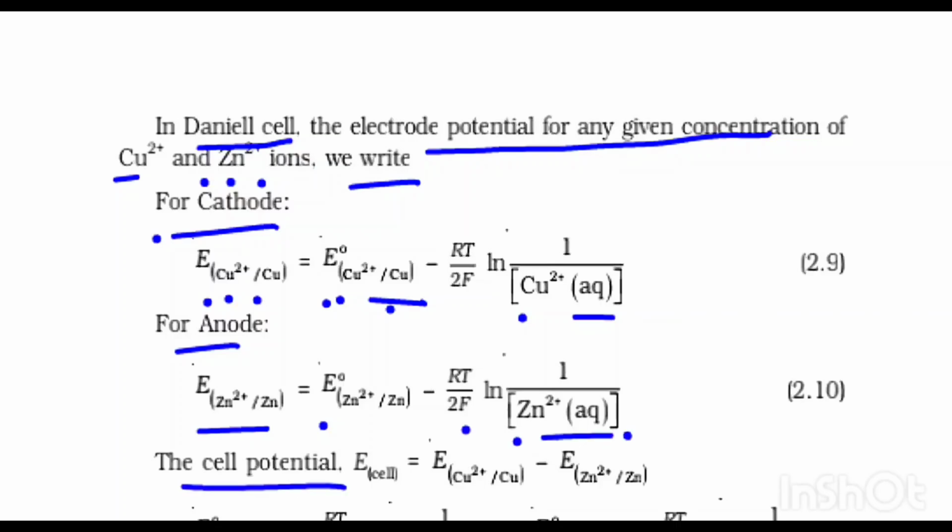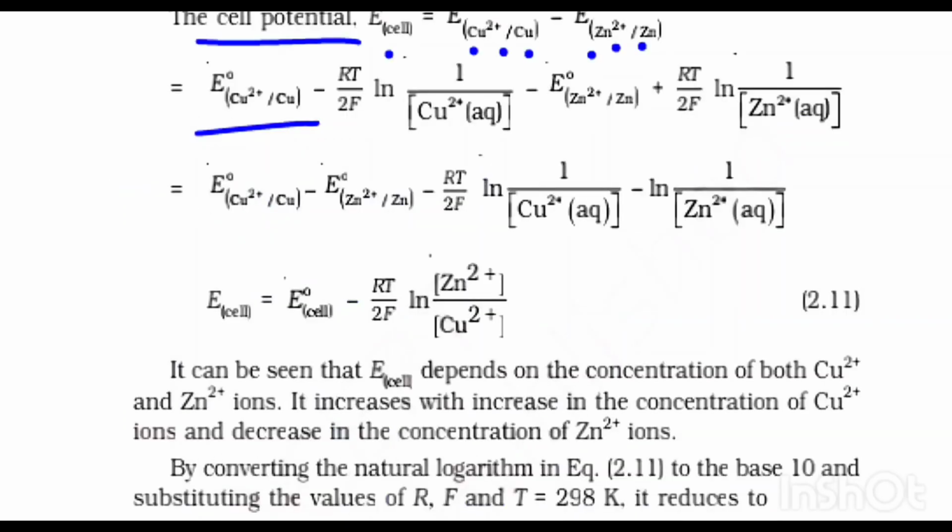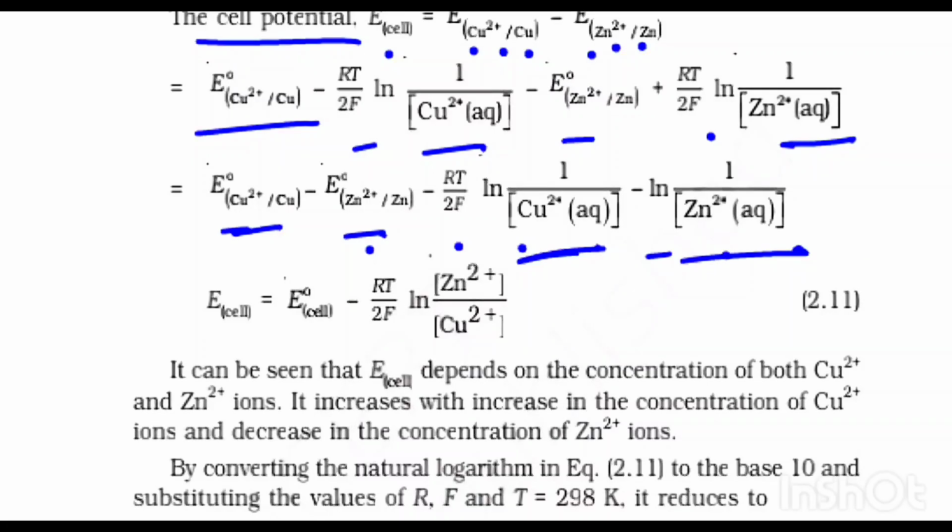Cell potential E cell is equal to E copper minus E zinc, which is E naught copper minus RT by 2F ln 1 by copper ion, minus E naught zinc plus RT by 2F ln 1 by zinc ion. So E is equal to E naught copper minus E naught zinc, minus RT by 2F ln of 1 by copper ion in aqueous solution minus ln of 1 by zinc ion in aqueous solution.